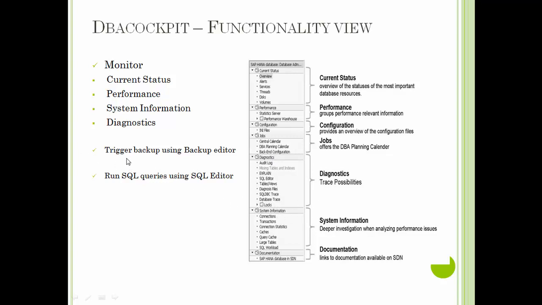As I said in the SAP HANA Studio explanation, system information is a set of SQLs. Again, here it gives a set of SQLs and also certain information collection for system performance analysis. And finally, the documentation. So, firstly, about the monitor, where we check the current status.